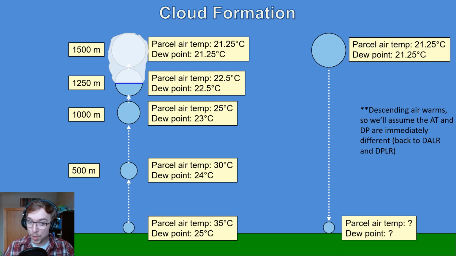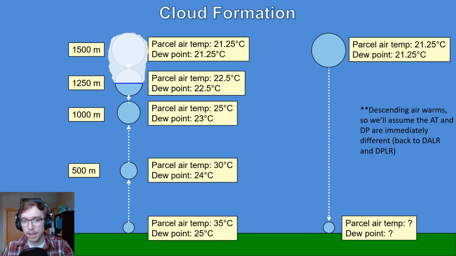That says that our parcel air temperature and dew point are going to equal, pause for effect. Go ahead and pause the video here if you're trying to work it out. So basically you're going to look at that altitudinal difference, so it drops 1,500 meters from altitude to the surface. So it's warming.